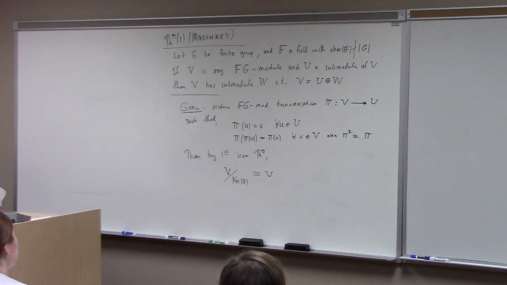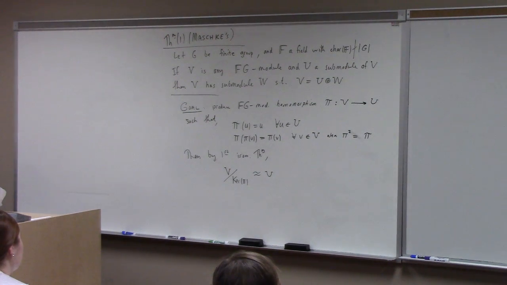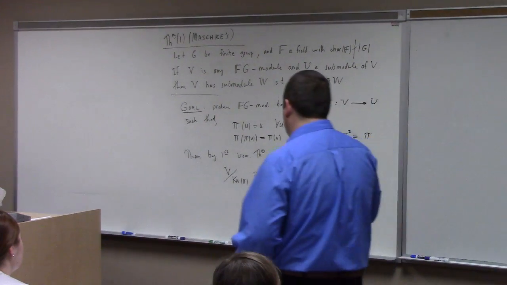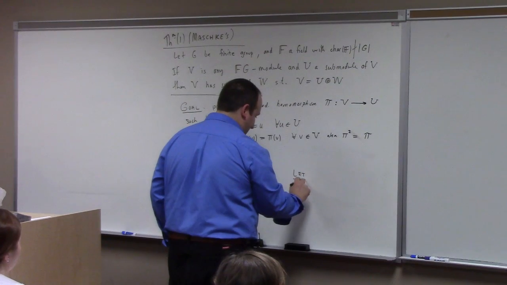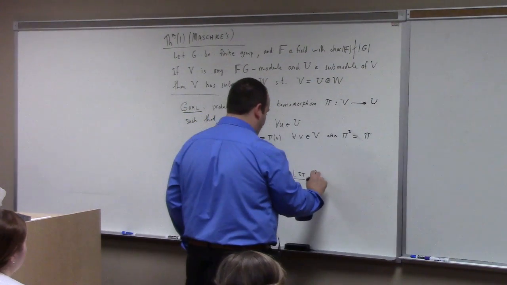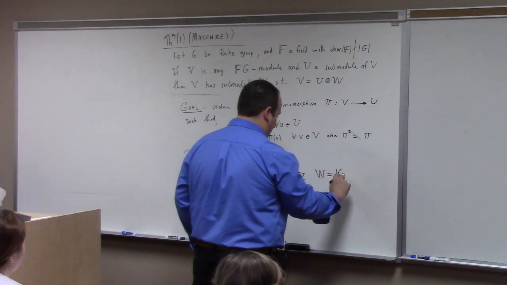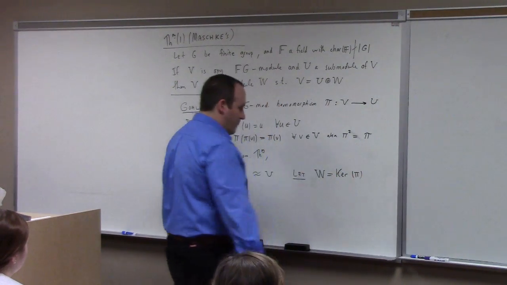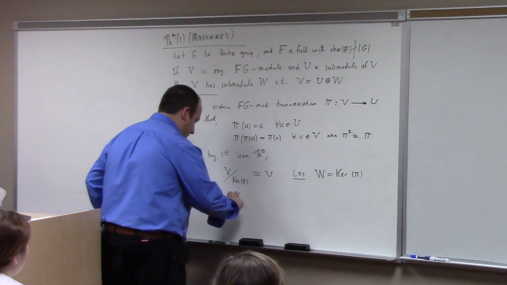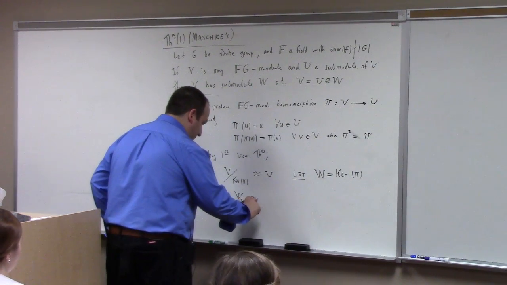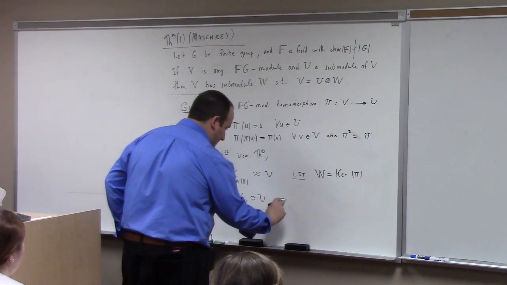Well, 0 is in the kernel, but that would not be the only one. Let W equal the kernel of pi. Then we have that V mod W is isomorphic to U. And that implies what?